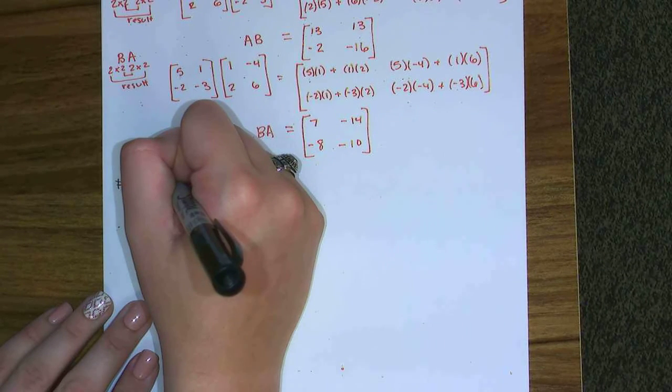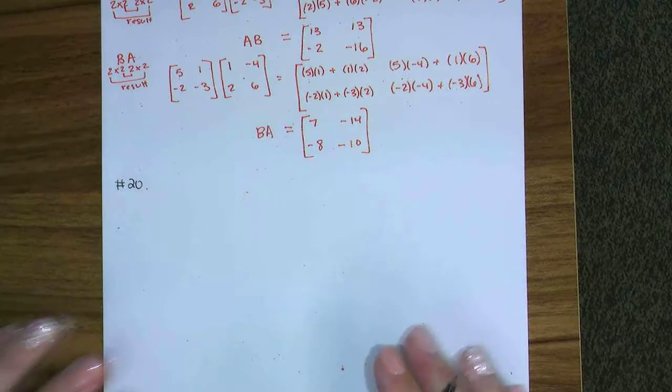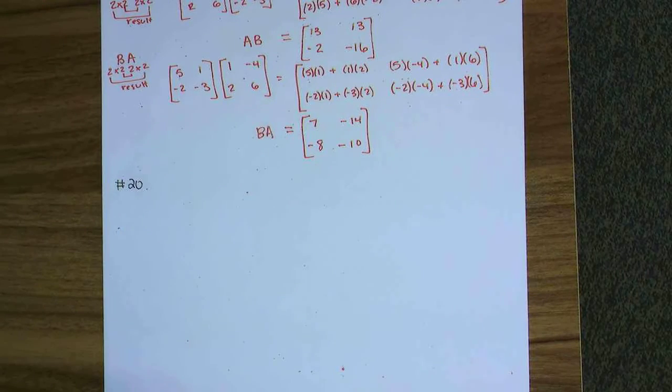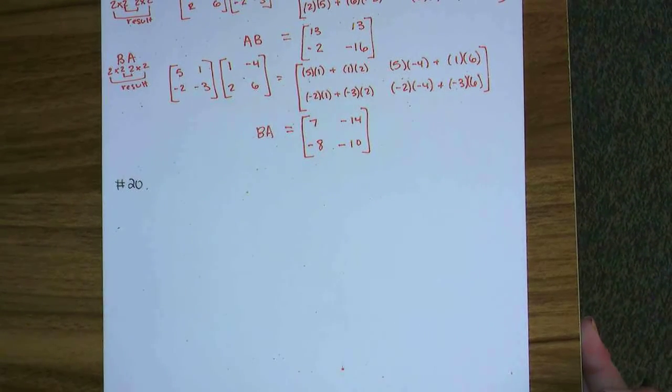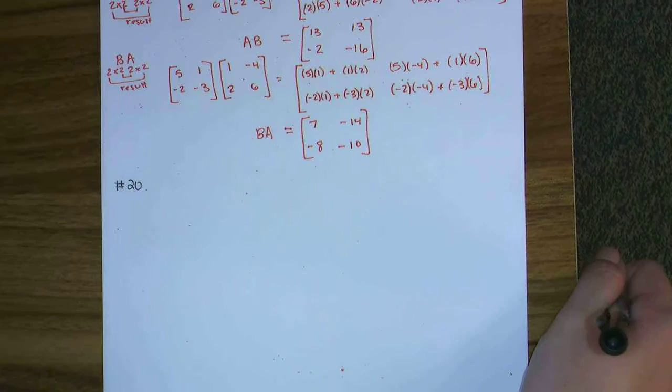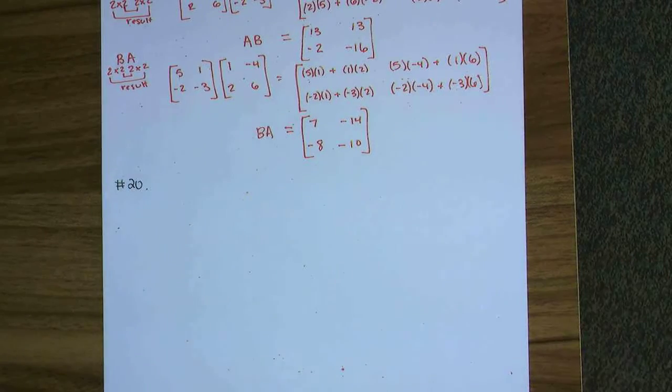So we have two matrices. Write them down real quick. I had to grab my book, had it laying to the side.